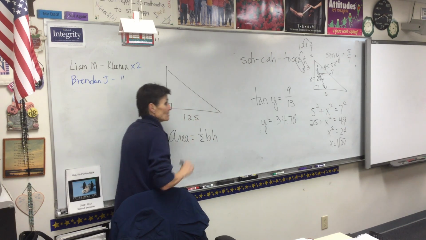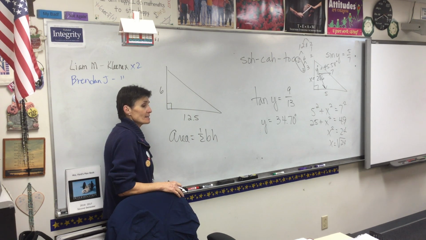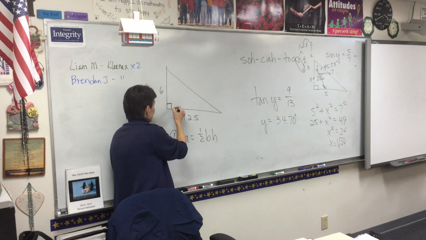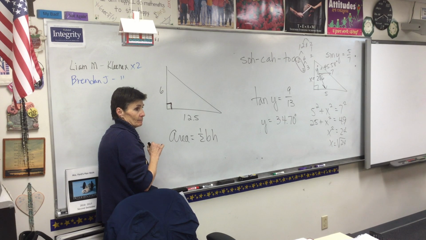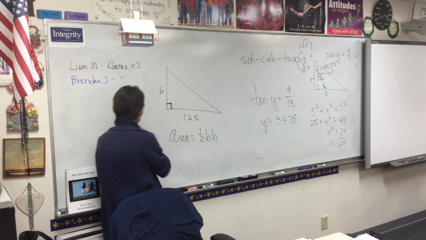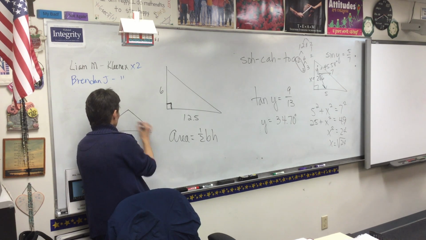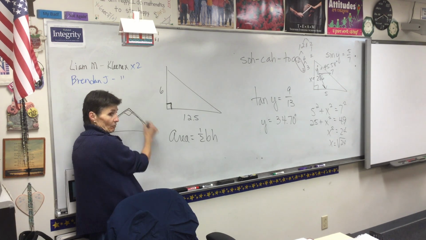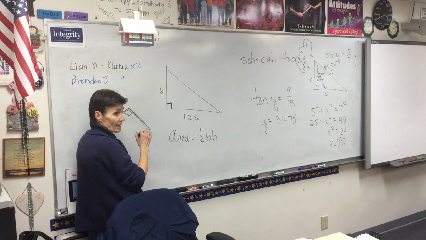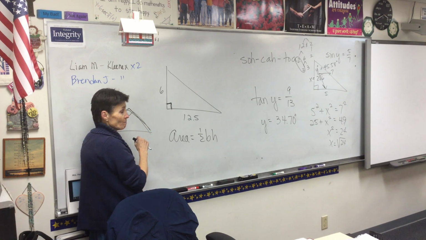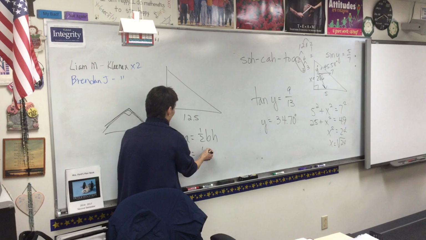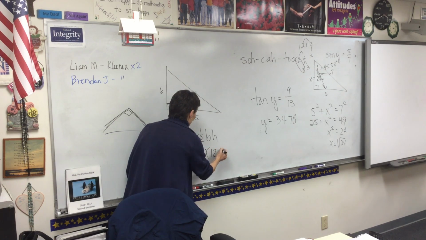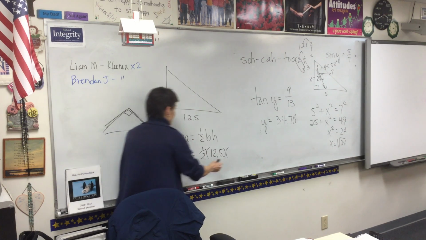Now, in a triangle, the base and the height are the two sides that are coming together perpendicularly. So even if the thing were like this, this would be the base and this would be the height, or vice versa. The two that make the right angle are the base and the height. So in this problem, our area is going to be 1/2 times 12.5 times 6.